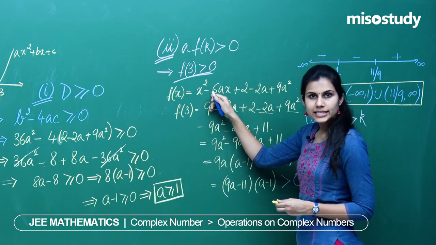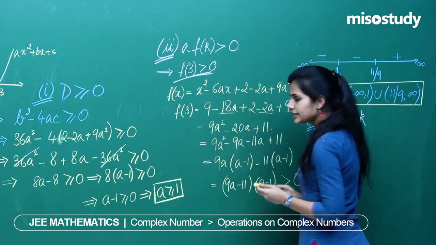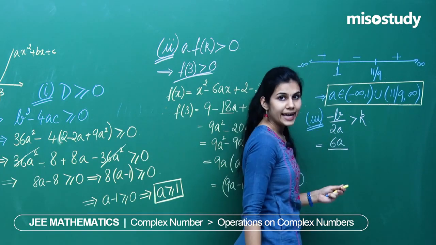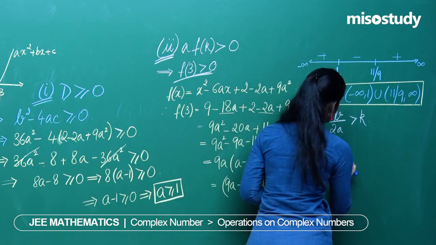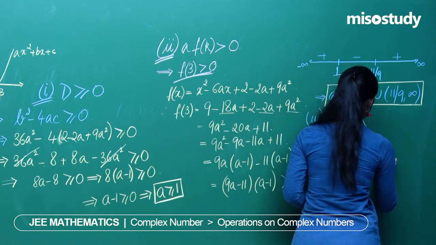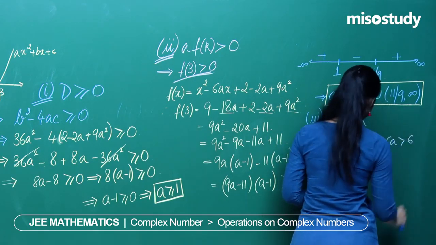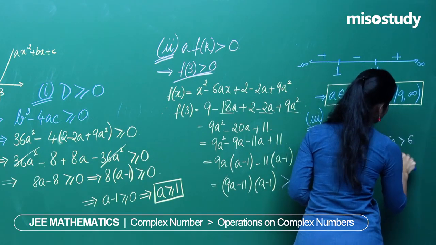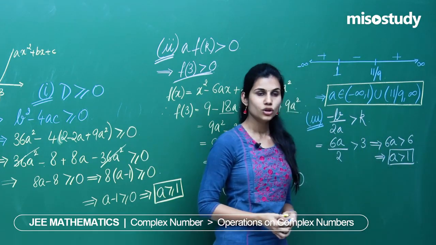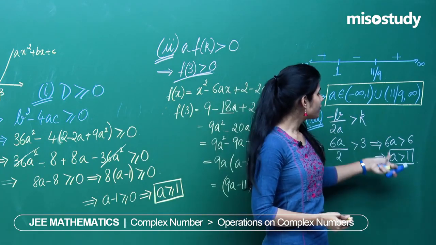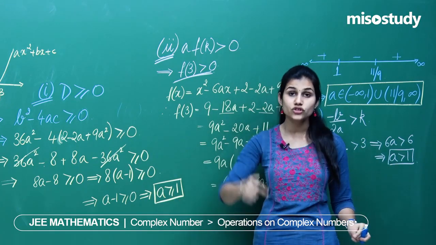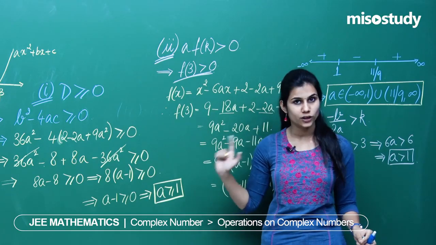B is minus 6a, so minus b will be 6a upon 2 into a, and a is your 1, so you are just left with 2... strictly greater than k, which is your 3, which implies 6a is greater than 6, which implies a is greater than 1.